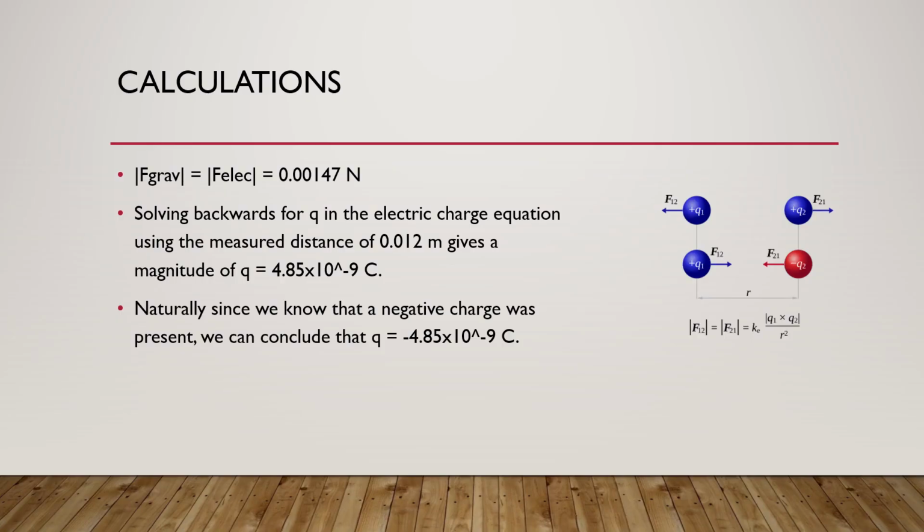So we solved backwards using the force magnitude and the distance of 0.012 meters, and we got a magnitude Q of 4.85 times 10 to the negative 9 coulombs. We know that it is a negative charge, so we can conclude that the charge for both of those pieces was negative 4.85 times 10 to the negative 9 coulombs.